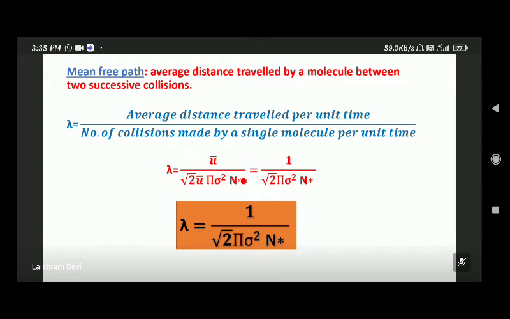Superscript लगाया था, I don't know how it changed on its own in equation form. तो u bar cancel हो जाता है, then it comes like this. So this is the expression for lambda, which is known as the mean free path.